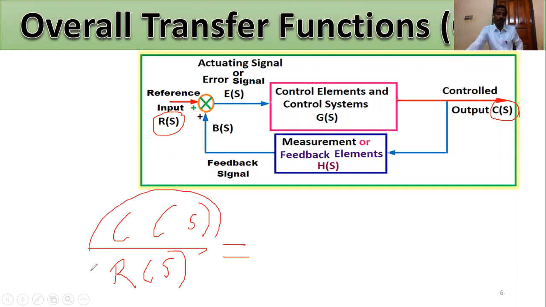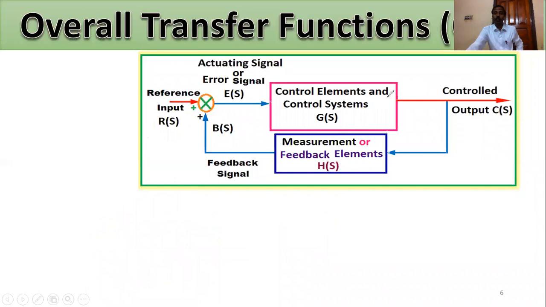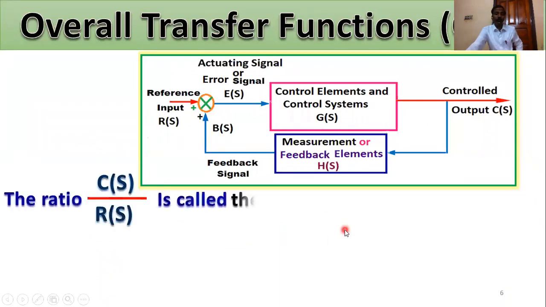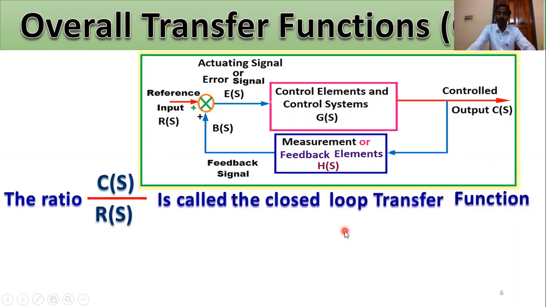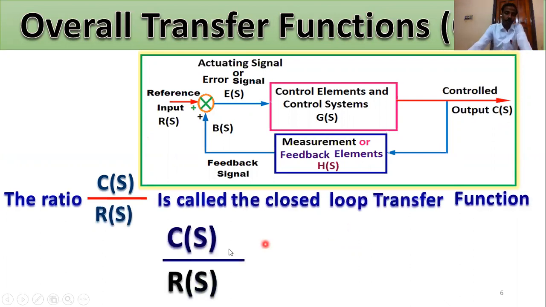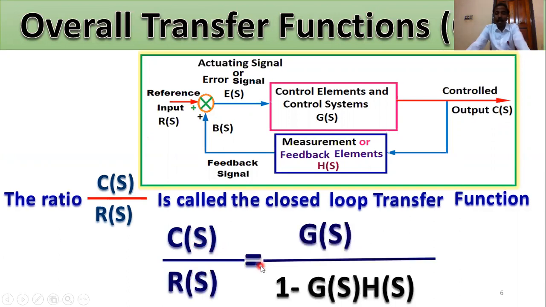This is the overall transfer function. And what is the value of the overall transfer function? This is our target. The ratio of C of S by R of S is called the closed loop transfer function, and C of S by R of S is equivalent to G of S by 1 minus G of S into H of S.